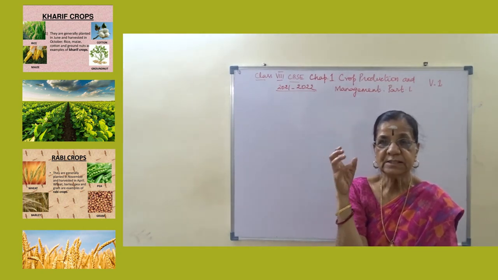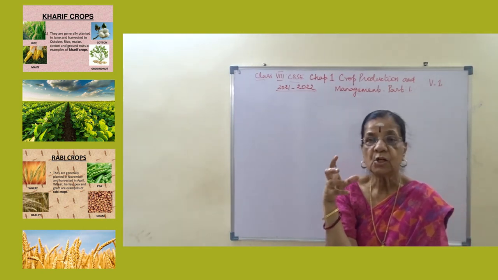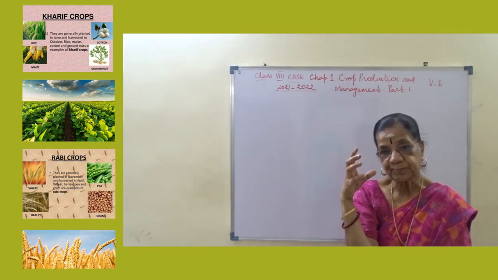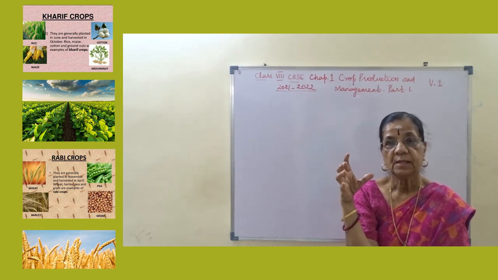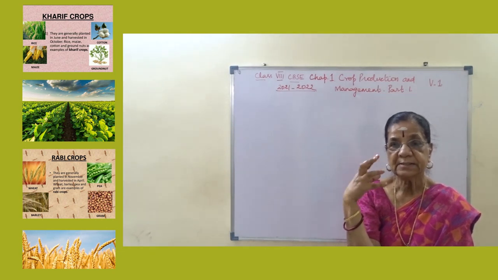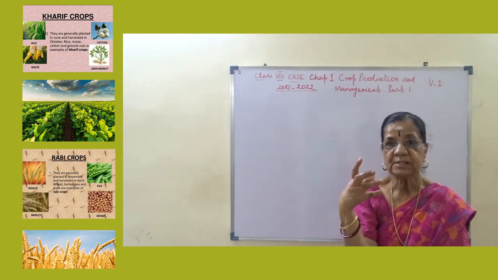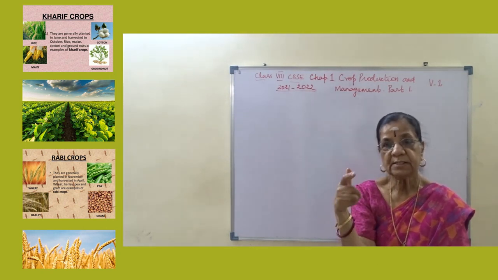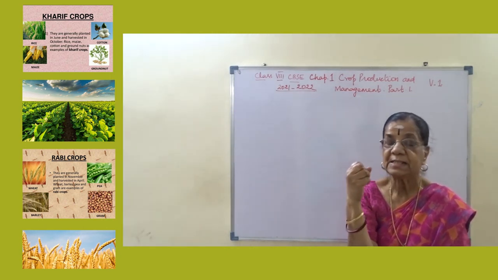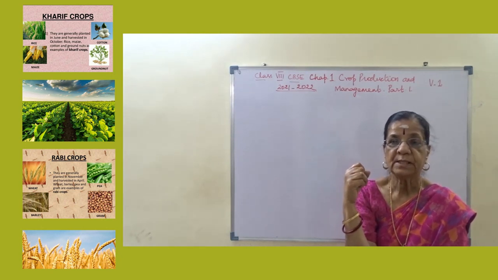When the crop is cultivated on a large scale, it is called crop production. I hope you understand. Now when the same variety is cultivated, for example wheat, rice, barley or any other vegetables that we are growing, that is known as a crop. I hope you understand.